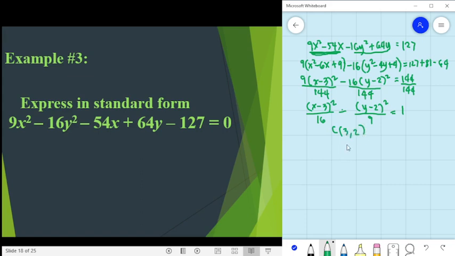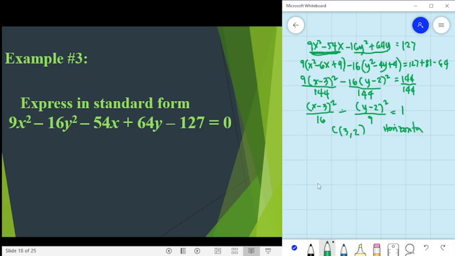And then the position of the transverse axis is horizontal because the x part is positive. So since our x part is positive, meaning it is horizontal. Horizontal.